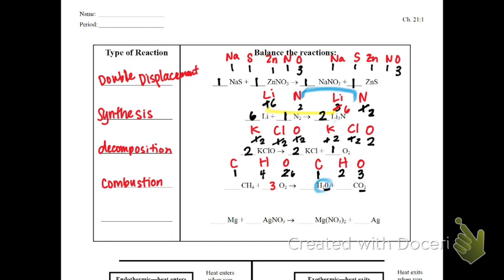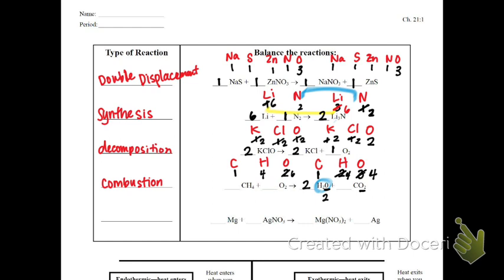A 2. We've already got H2, so we need to multiply 2 by 2 to get 4. What happens to our O's if we do that? This will be 2 O's. Becomes 4.